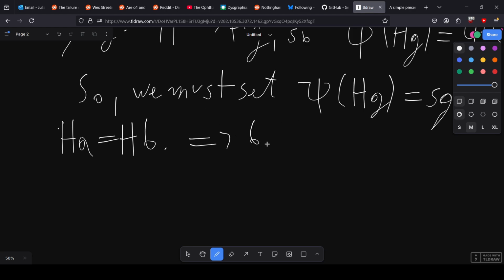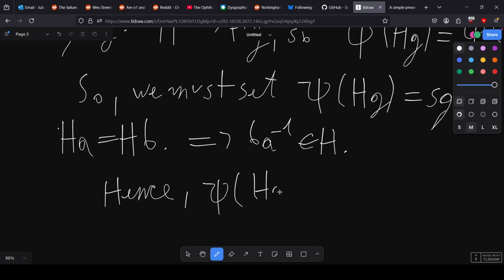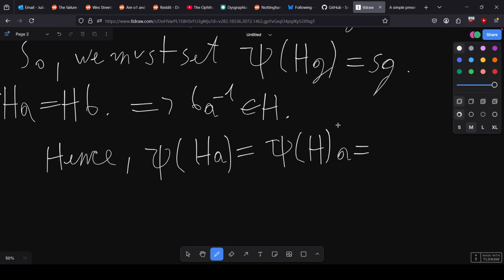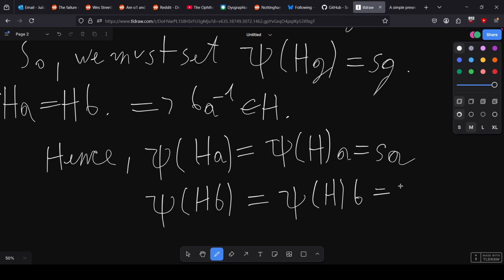But that immediately implies that ba minus 1 is inside of H. Hence, psi of Ha is equal to sa, and psi of Hb is equal to sb.